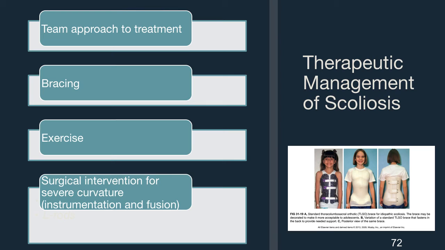Basically, the therapeutic management is a team approach. Usually we try to do bracing, and we follow these kids very closely. The bracing will not correct what's already there, but it will prevent it from getting worse. And so what we're looking for is whether or not these curves continue to get worse as far as whether or not we're going to do surgery.